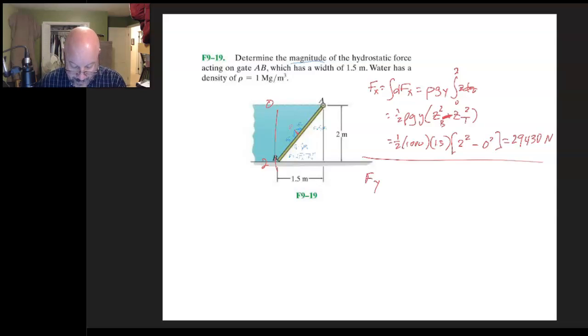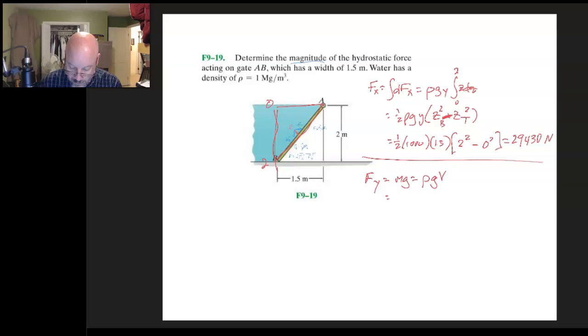This basically is just the weight of the water that's in this triangular portion right here. So I'm going to have mg, which is going to be rho g times the volume.